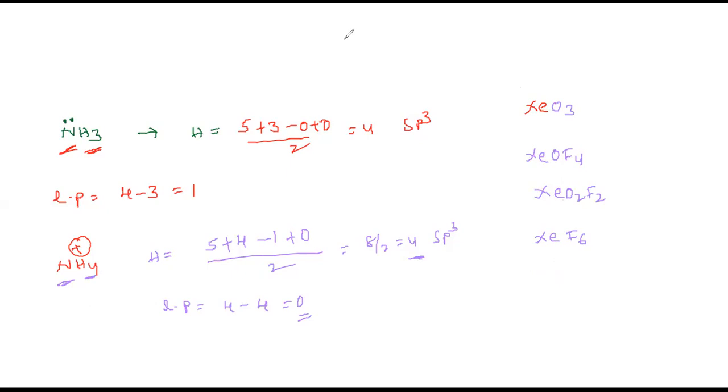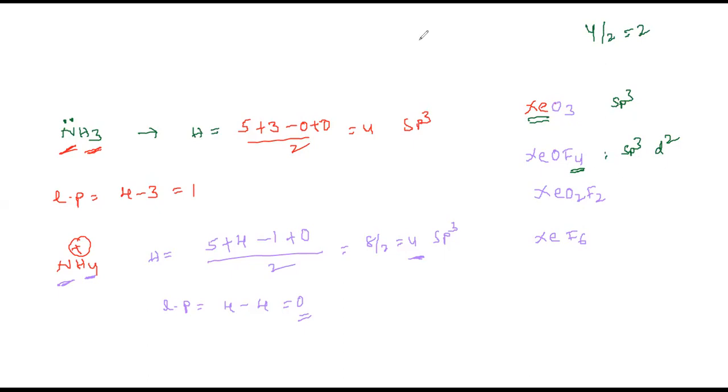If xenon is there, you should write down sp3 and check it using this formula. Here, any monovalent? No, so that is only sp3. If there are 4 monovalents, you should write by 2. So 4 by 2 is 2, that is sp3d2.